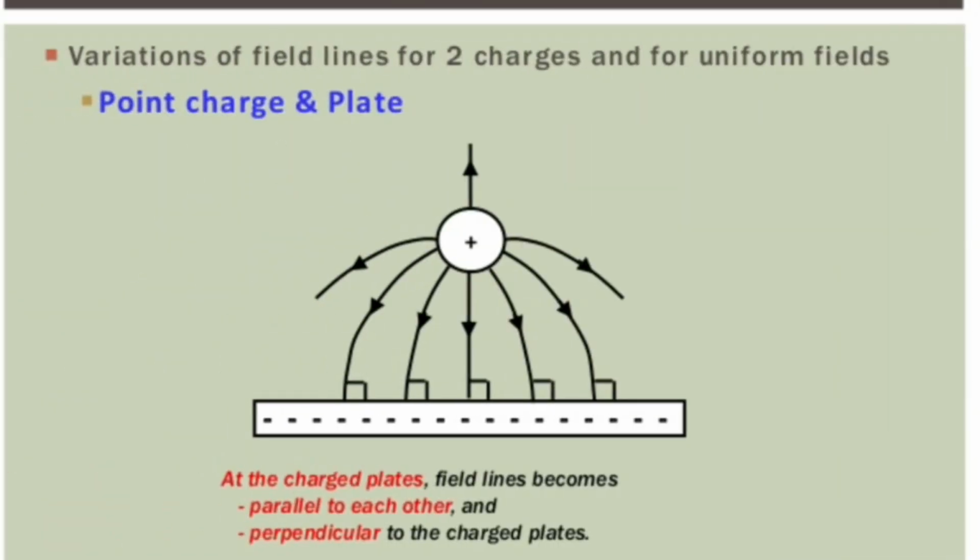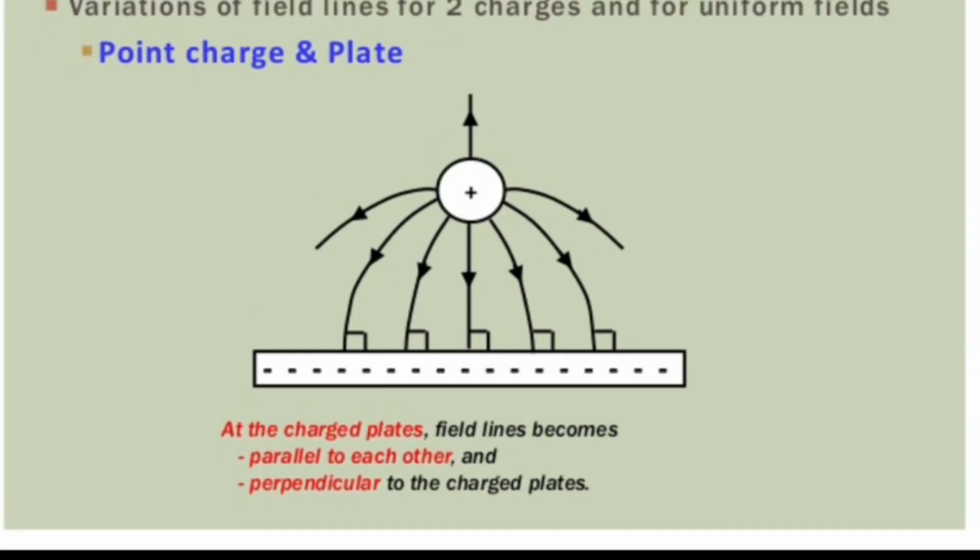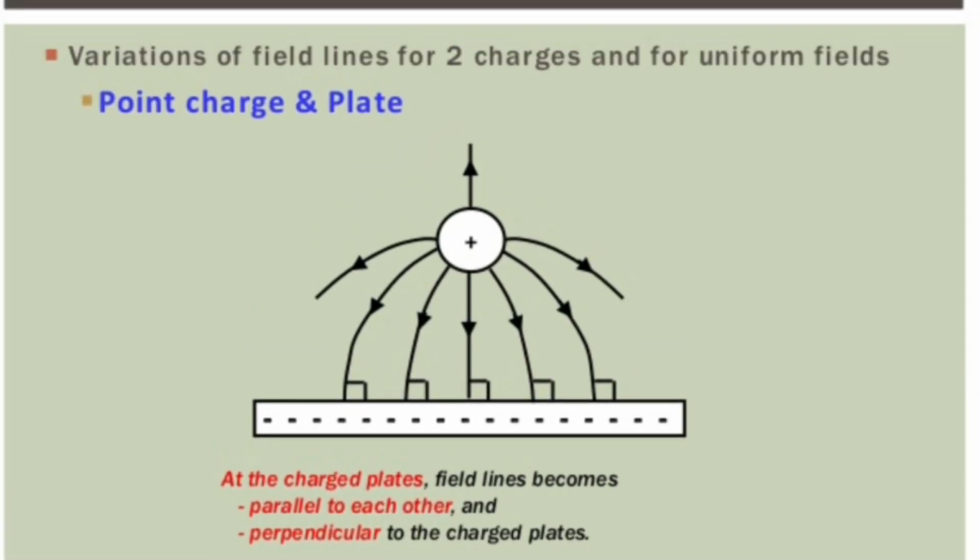Now this represents field lines in the case of a system. This system consists of a point charge, and at a distance you have a charged plate. The point charge is positive, and the other plate is negatively charged. So there will be attraction, as we know, but how will the field lines be?